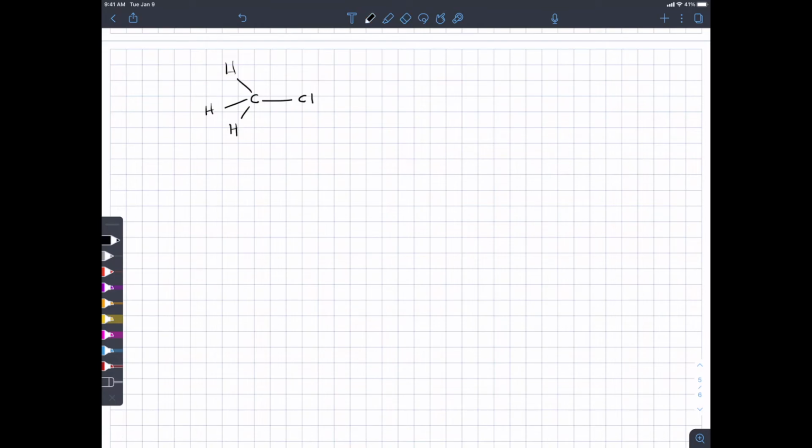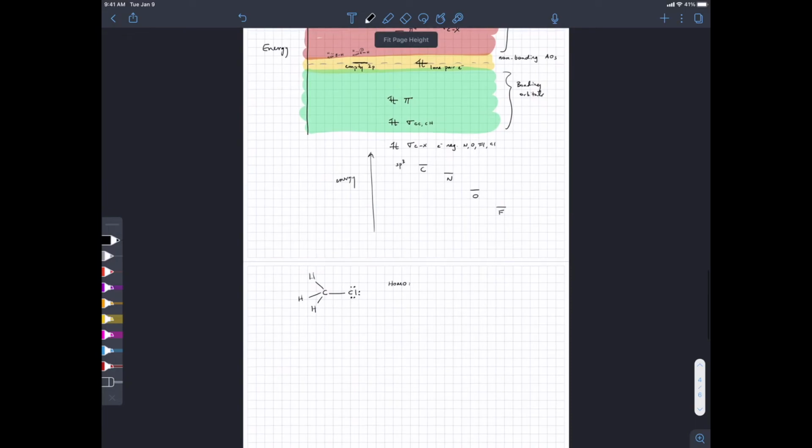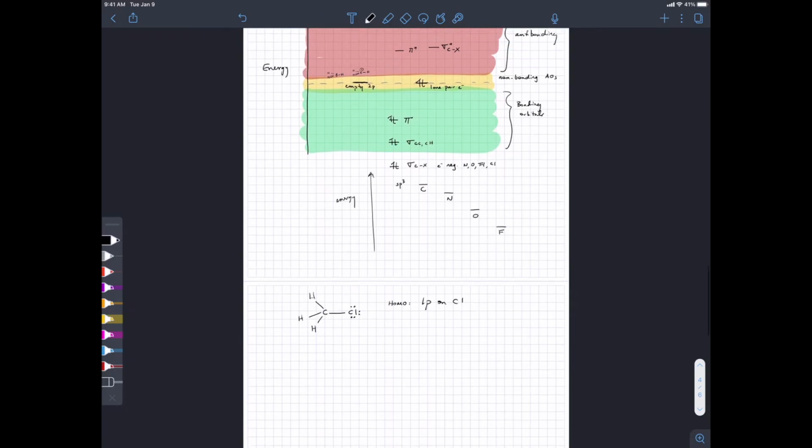Looking at this molecule, if I had to say what its highest occupied molecular orbital is, what would it be? A lone pair on the chlorine, right? What about the LUMO? It's a sigma star, but which one?